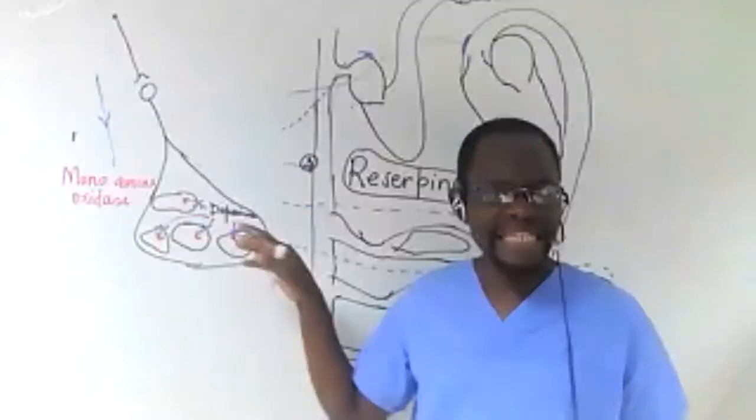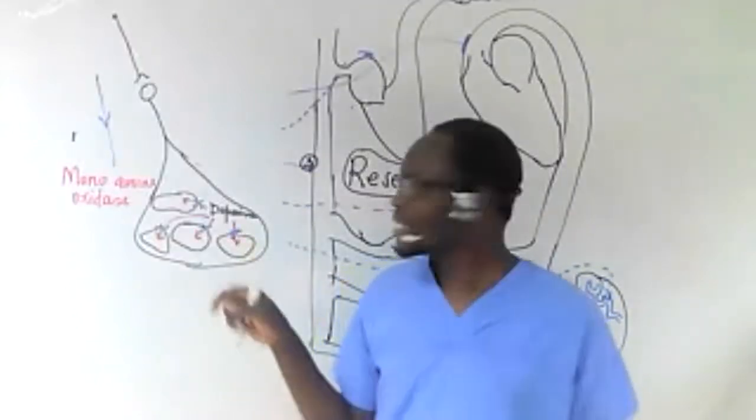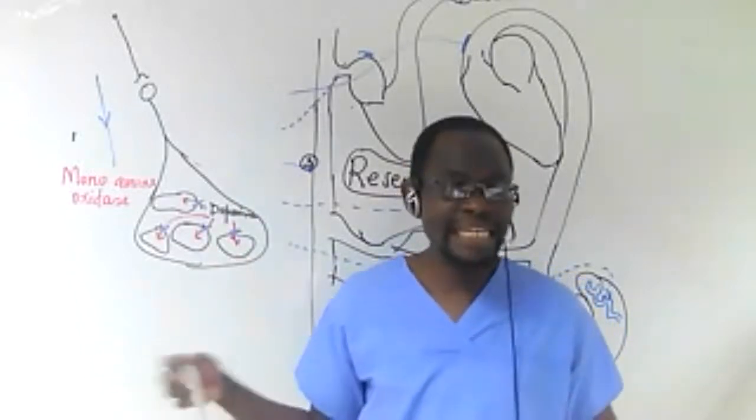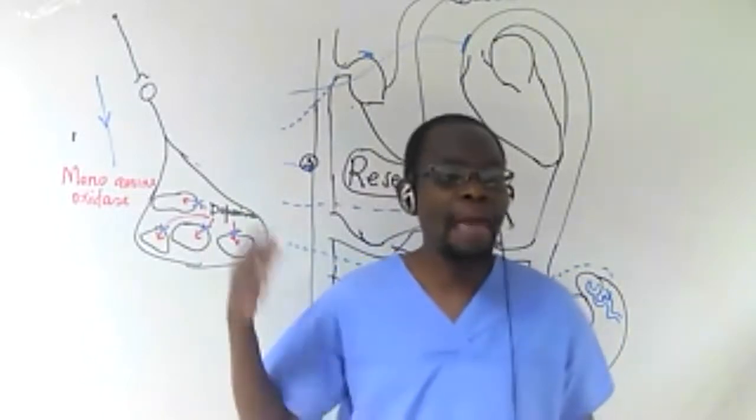As a result, this dopamine will not be pumped into the vesicles, and it is destroyed by MAO.